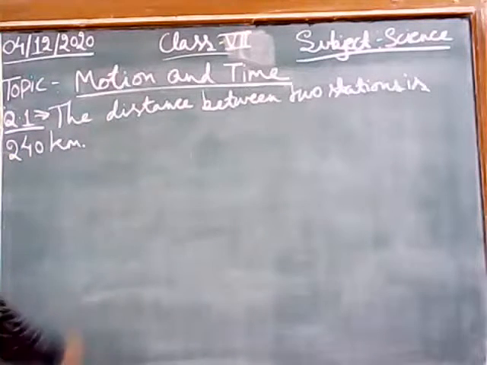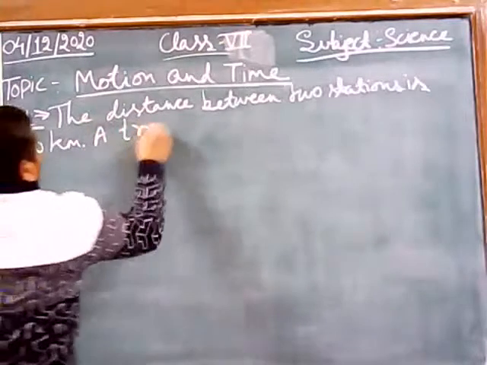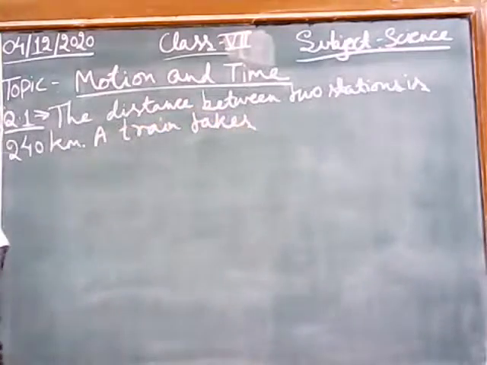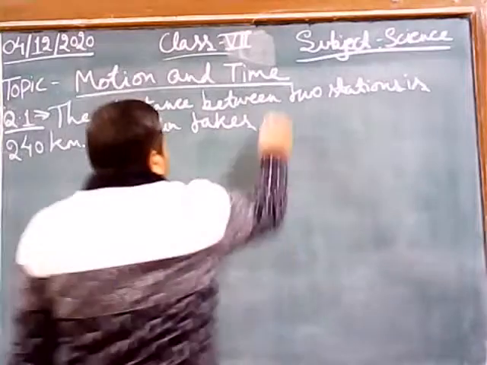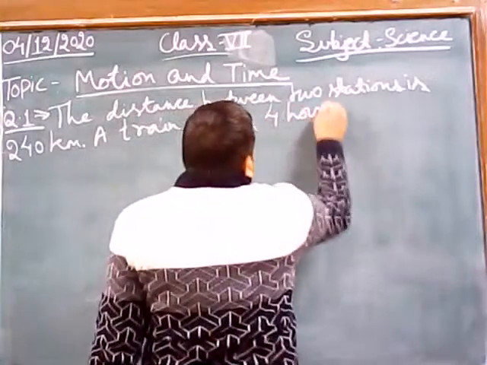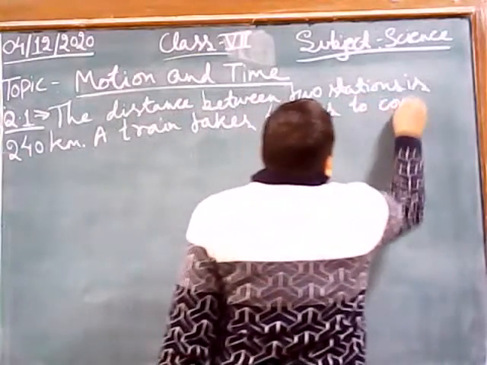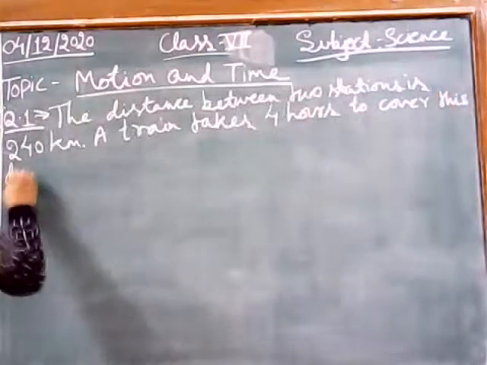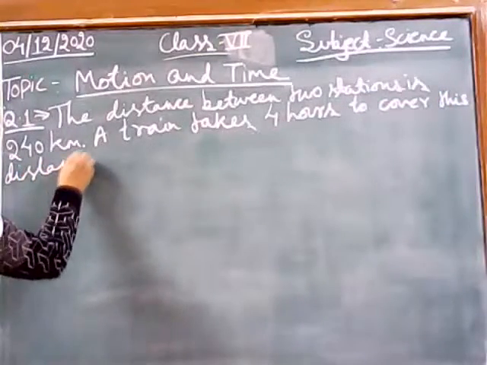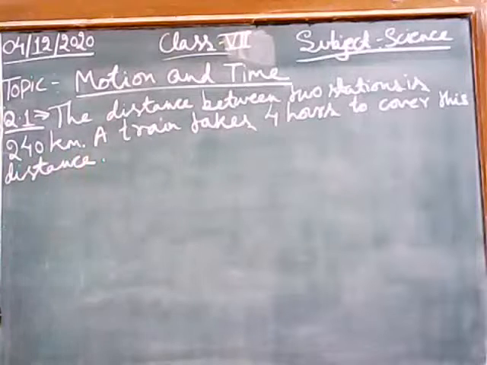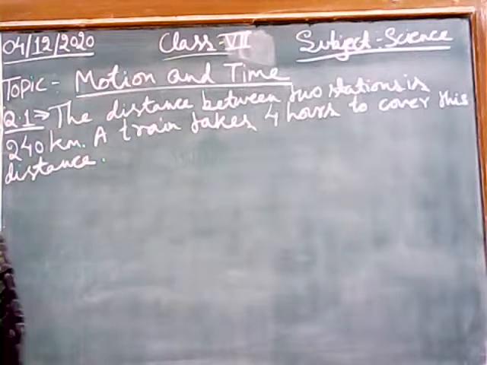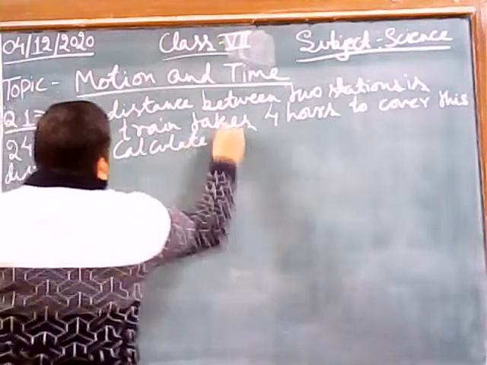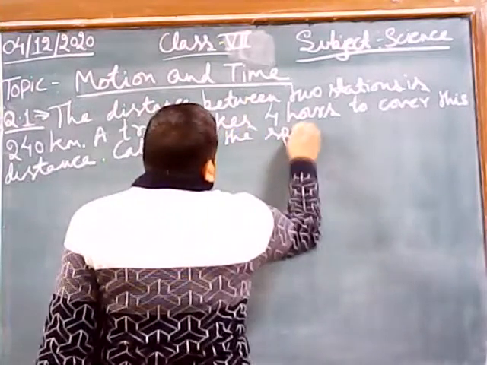A train takes 4 hours to cover this distance. Calculate the speed of the train.